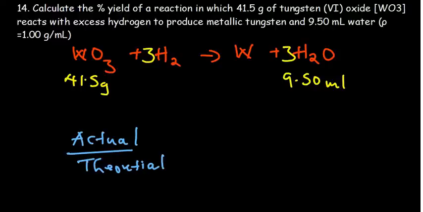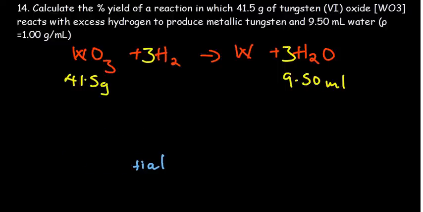So the actual, in this case, the only thing that we've been given about the actual production is water. So therefore we need to find the theoretical yield of water using the mole ratios. The only way we can handle this is, for the reactant we have to use the limiting reagent, which is the tungsten 6 oxide.